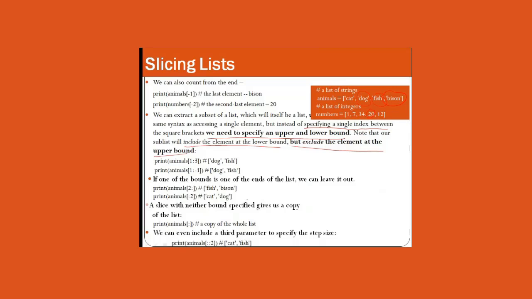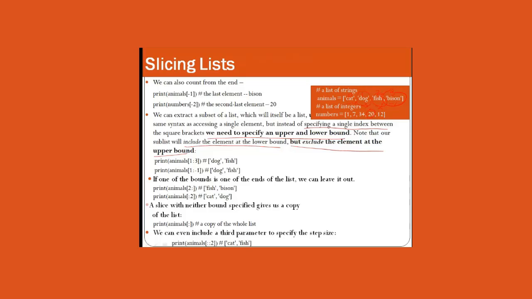Then 1 to minus 1. If you look at these animals, the indices were 0, 1, 2, 3, and minus 1, minus 2, minus 3, and minus 4. So 1 to minus 1 again displays dog and fish, because minus 1 is not considered over here. Then, if one of the bounds is one of the ends of the list, we can leave it out.